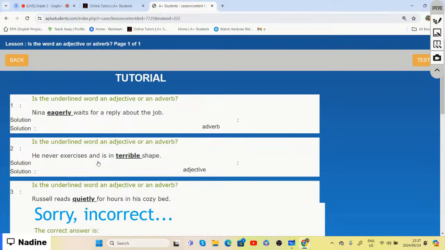If we were to identify whether it is an adverb or an adjective, then yes, we will say eagerly is an adverb, right? Because waits is a verb, which means that eagerly tells us about the verb.